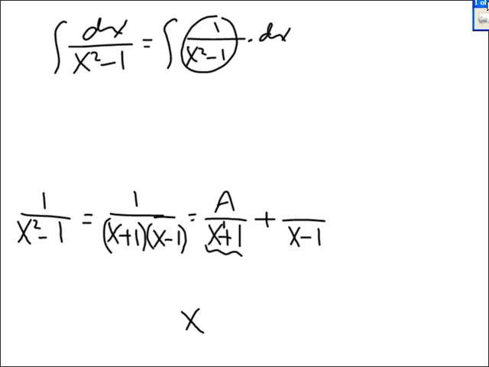For example, if I had x cubed plus 4x minus 9 in the bottom instead of x plus 1, well, that's a cubic. The highest degree is 3 in the bottom. So in the top, I would put a number times x squared, 1 degree less, plus a number times x, plus a number.